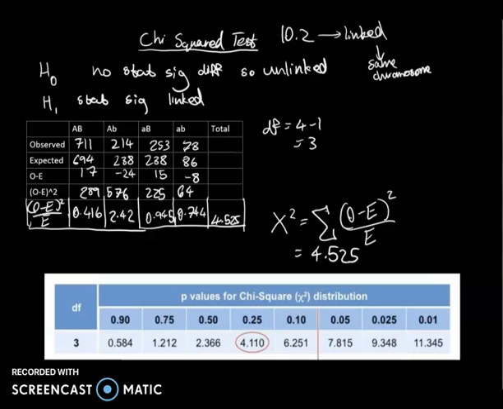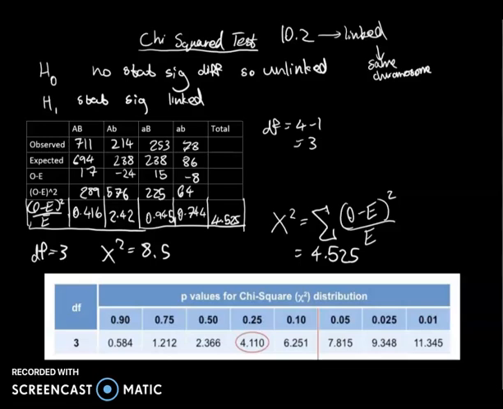Say we did get a chi-squared value of 8.5. The degrees of freedom, of course, is 3, let's say. We look at the 3 degrees of freedom row. There could be a table with multiple degrees of freedom rows, and then going out with each of these p-value columns, we can see that 8.5 would be above the 0.05 column and lower than the 0.025 column.